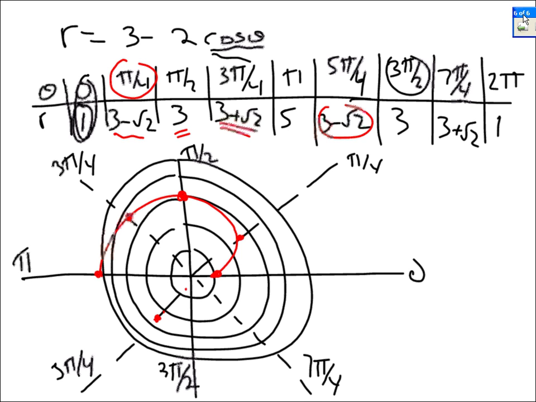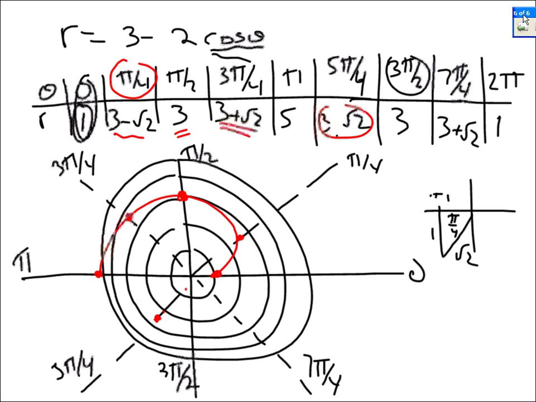I want to look at 5 pi over 4 for a moment, please. So here's pi over 4. It's 1 square root of 2. We want the cosine. The cosine is positive. That should have been 3 plus. And the next one, no, cosine, this is negative 1. No, it is 3 minus.